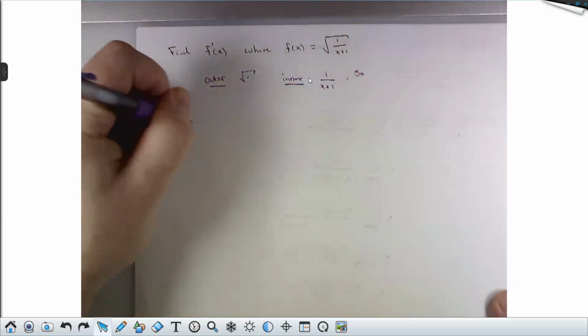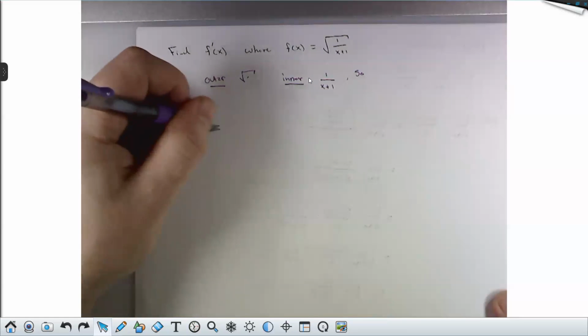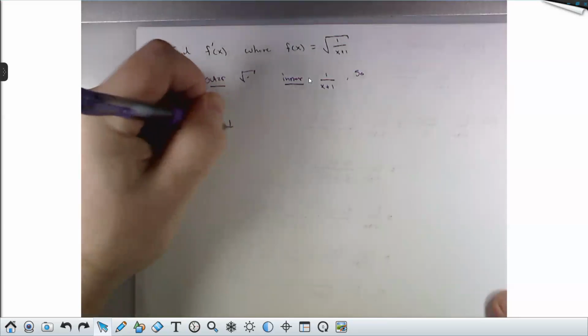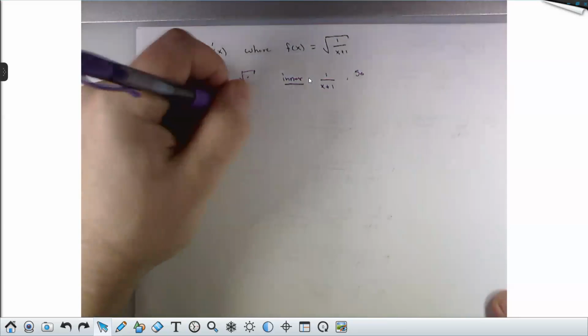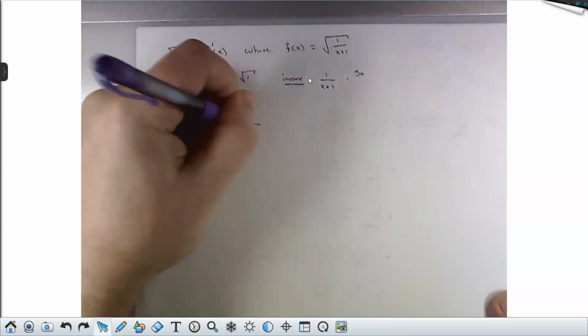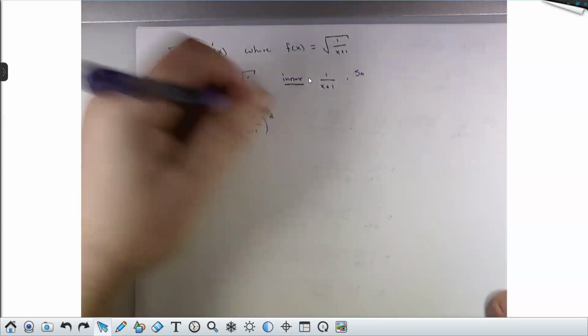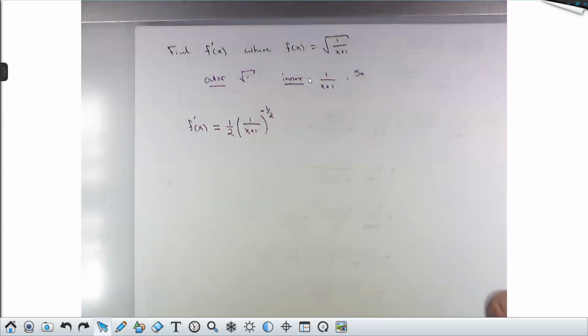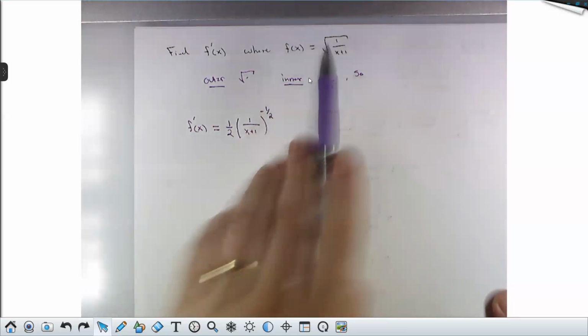The outer derivative is one half times 1 over x plus 1 to the minus one half. Very good. So here's the derivative of the outer, leaving the inner alone, right? If I differentiate the square root, it is a 1/2 power, so I use the power rule.